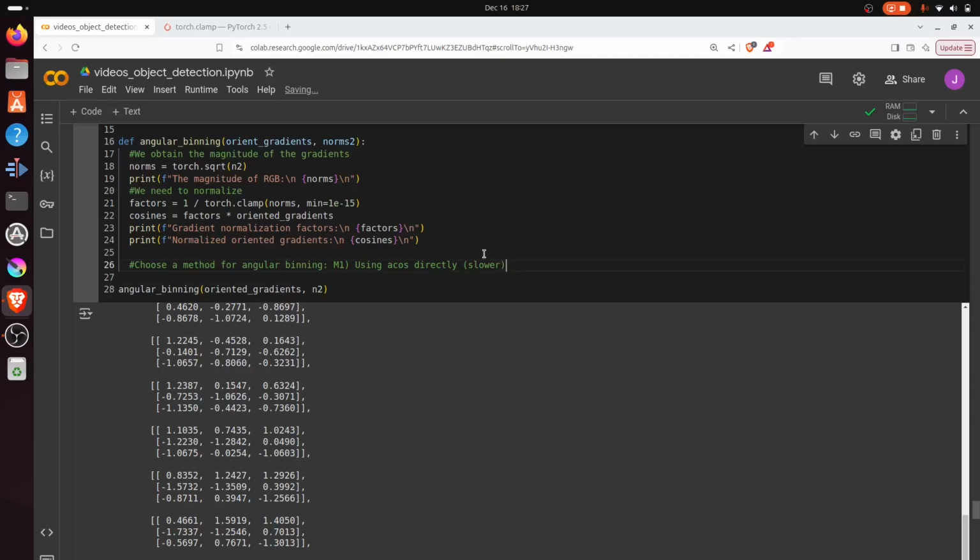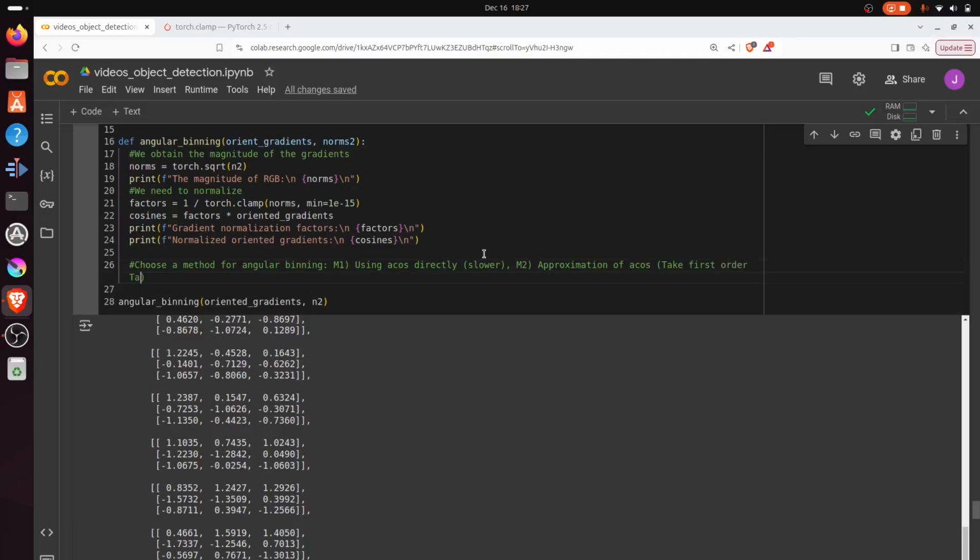as compared to the second method, which is just an approximation of our cosine, that is, take the first order Taylor expansion of our cosine.